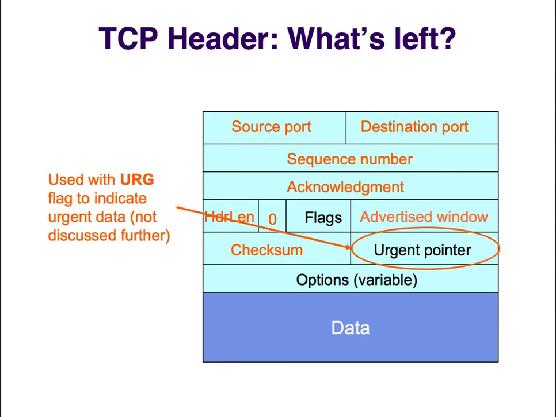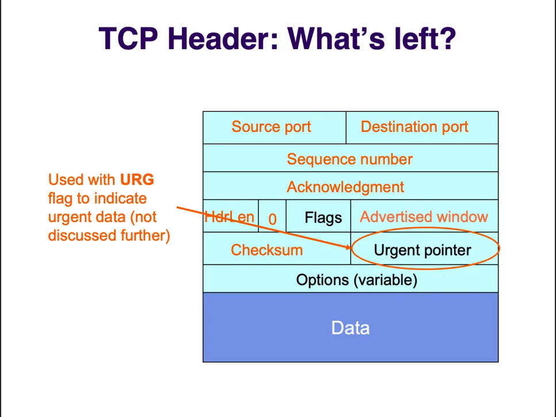There's something called an urgent pointer, which I'm just going to mention here, but we don't worry about it in this class. The idea when they designed it was, let's say you'd sent a bunch of data to a receiver that was processing that data. And then you have the equivalent of a control-C. You want to stop processing. It's important that the receiving end stop taking in the data and processing it.